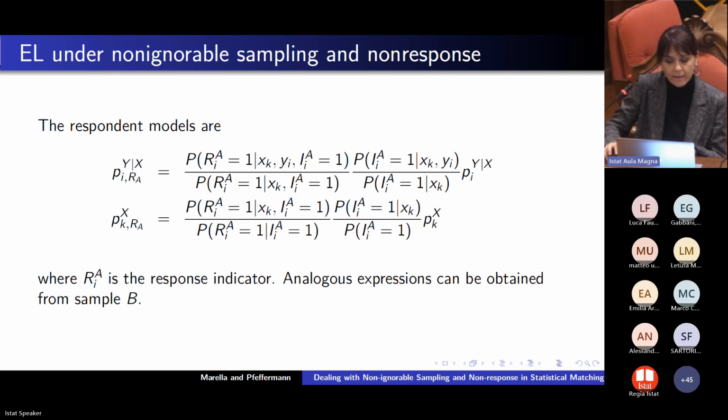Then, how can we estimate the quantities appearing in the empirical respondents likelihood?